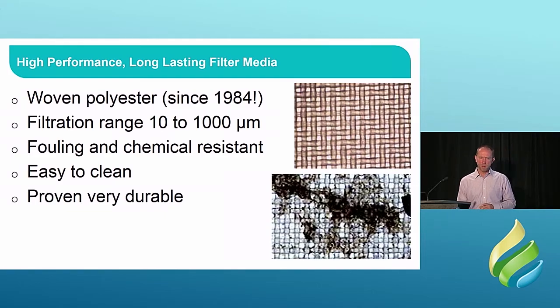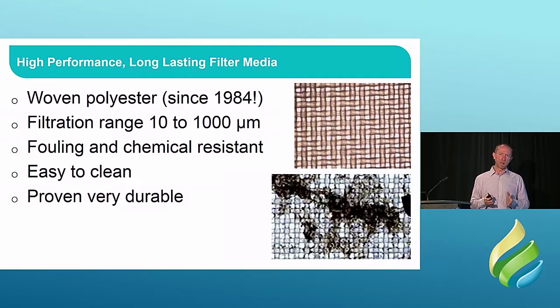So the filter media. We use a woven polyester cloth. We've been using it for a long time, since the 80s. It holds up really well. We've got, as you can see, a lot of experience using this cloth, and it's proven to be very durable. We actually guarantee it for up to 20 years, which is longer than any other manufacturer that I'm aware of.